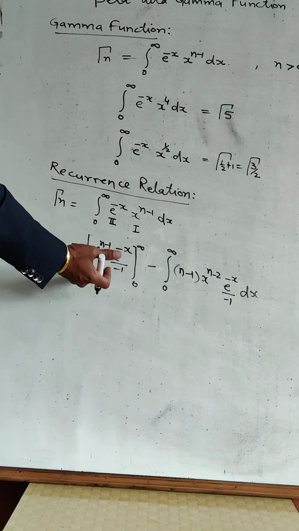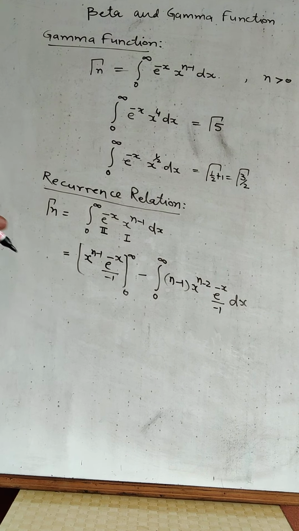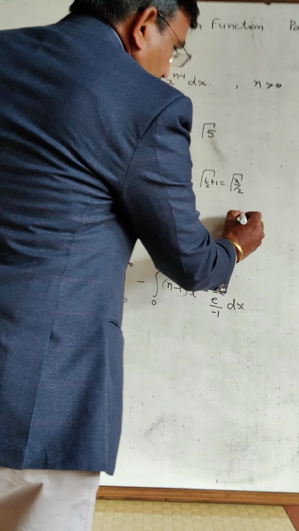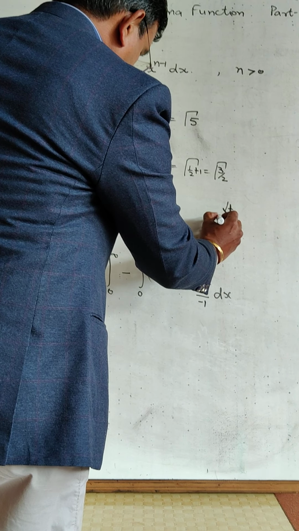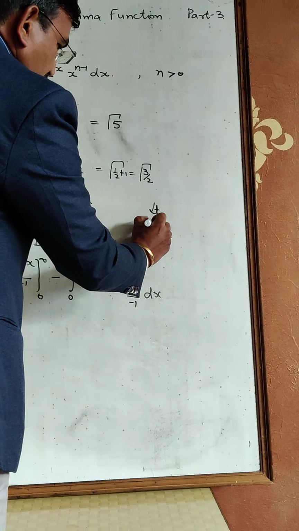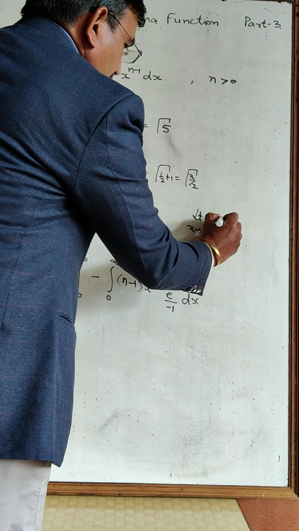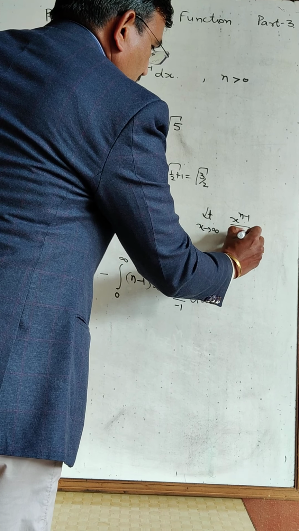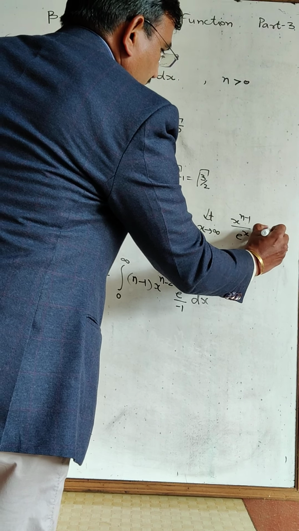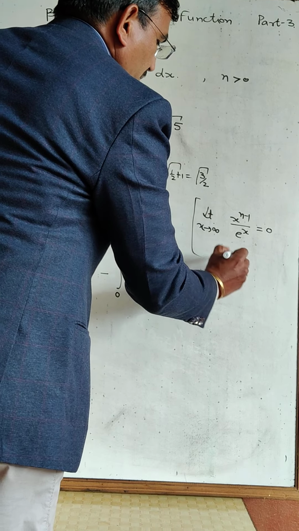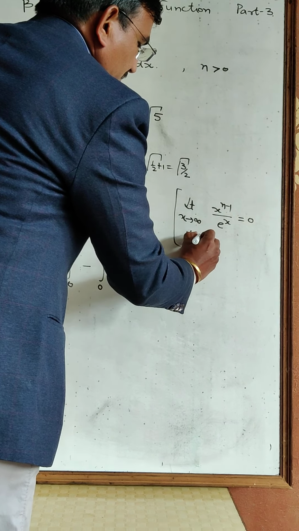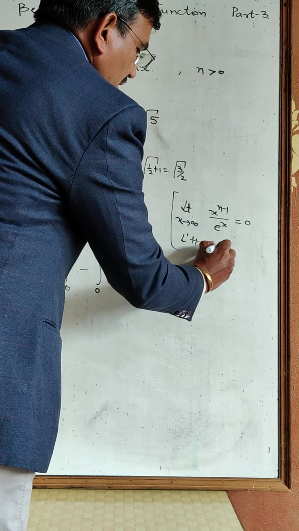Now we put the limit in our first term, and you have to always keep in mind that limit x tends to infinity x raised to the power n minus 1 over e raised to the power x is always 0, and you can find it by using L'Hospital rule.